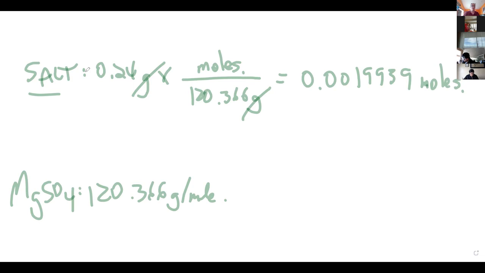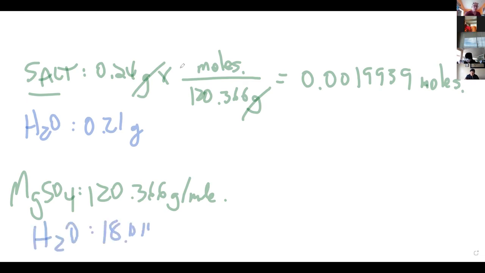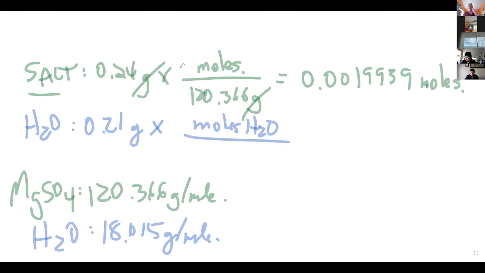Next, I want to calculate my moles of water. So my water, I had 0.21 grams. Molar mass of water is 18.015 grams per mole. So again, I want moles of water. This isn't magnesium sulfate, it's just the water. I put the molar mass of the water down here.